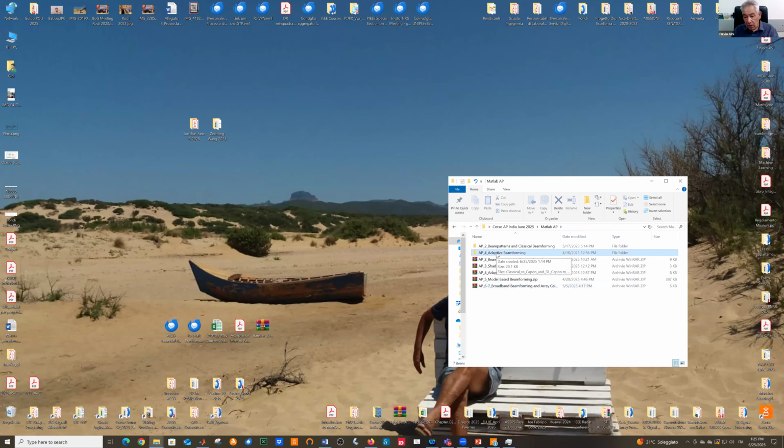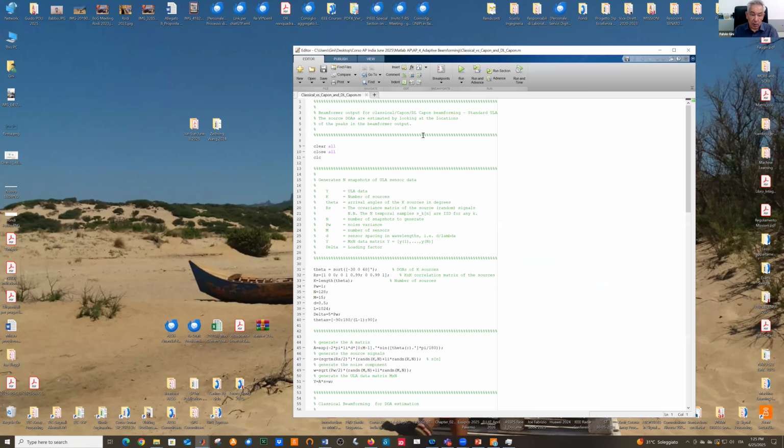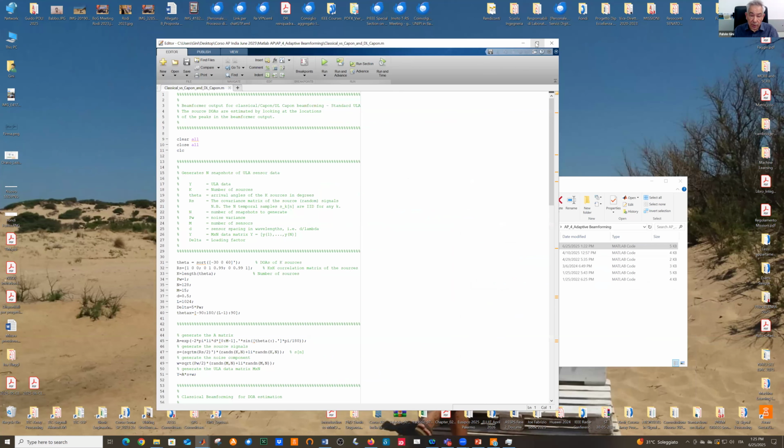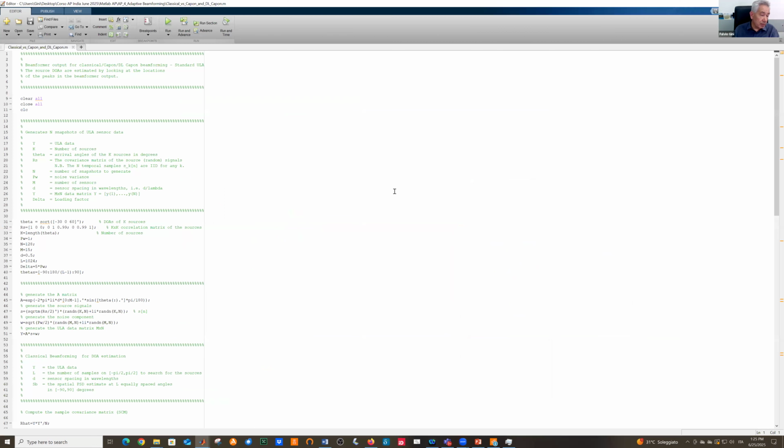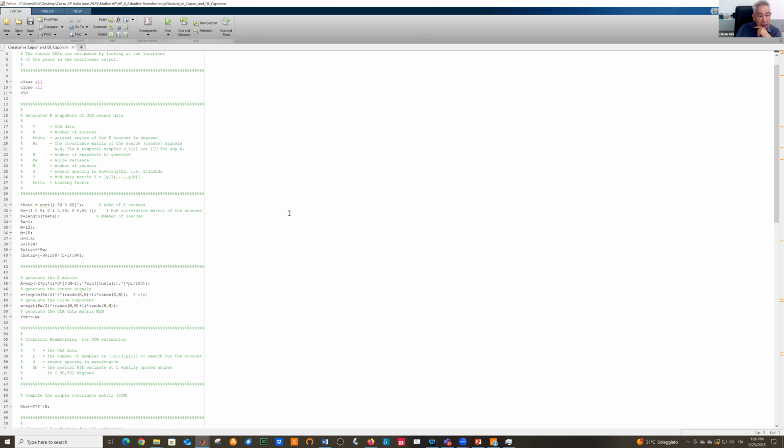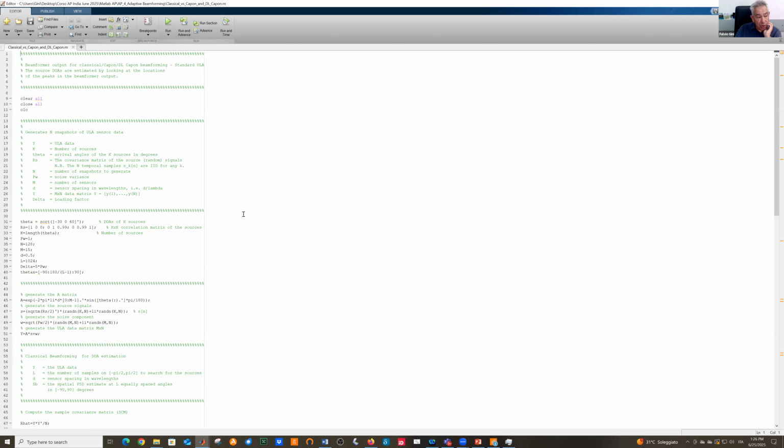So again, the code is pretty simple. I don't know if you can read it on the screen. But I also put comments, so I think you can understand the structure quite easily.